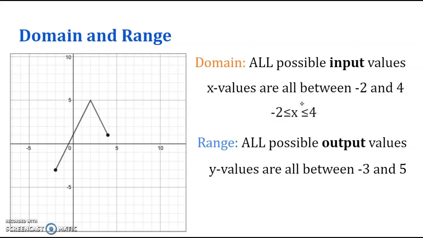Now, how do I represent this as an inequality? Remember the smaller number goes to the left, just like you see it on the number line. On the number line, -2 is on the left of +4, right? Just like that, you would represent it as -2 on the left hand side, +4 on the right hand side. We're talking about domain, that means we need the x in the middle, okay? And the inequality has to be opening to the right. That means it's an alligator mouth. If you picture this as an alligator mouth, it's opening to the right.